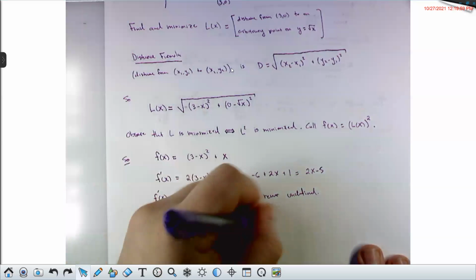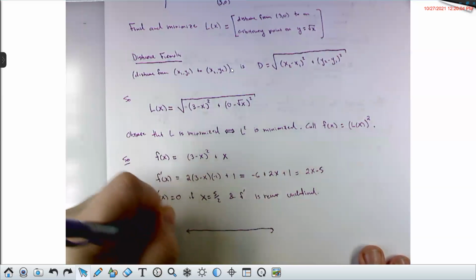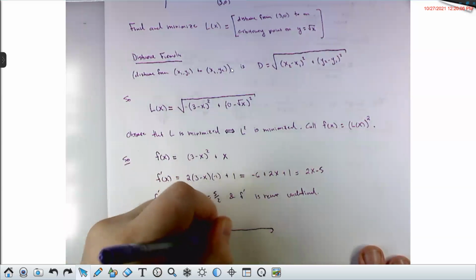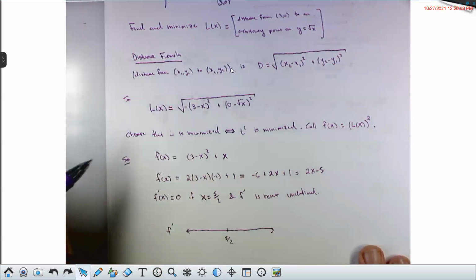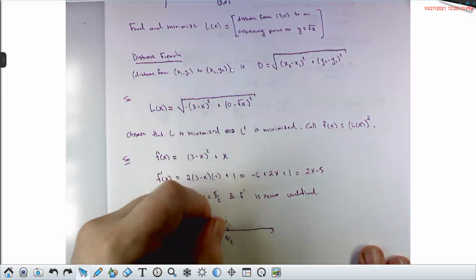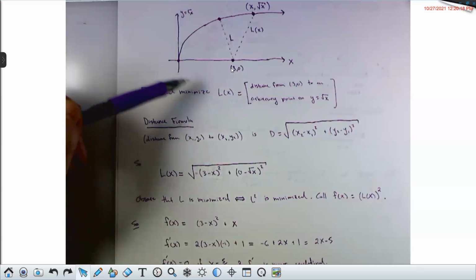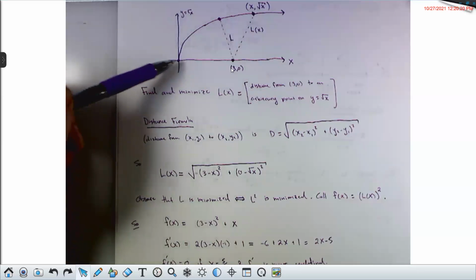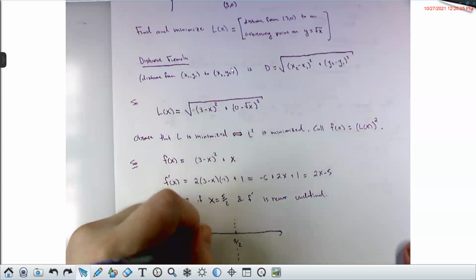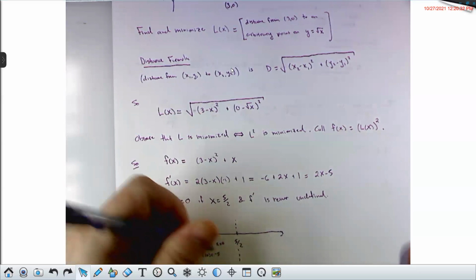And now we can make a number line for our f primed. 5 halves is the only critical number. And if I test something over here to the left of 5 halves, I could test 0, right? You might want to observe that 0 is in my domain of interest here. I can talk about the distance from this point to this point. That's not a problem. So if you test x equals 0, you'll find that f primed of 0 is negative 5.